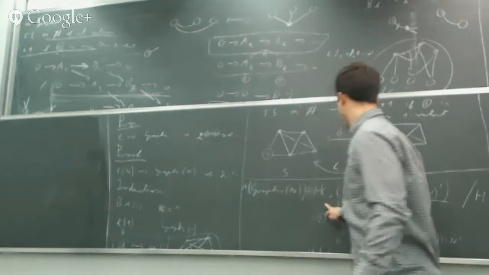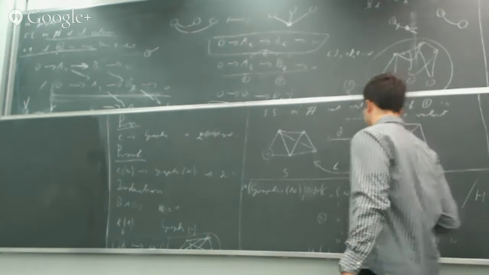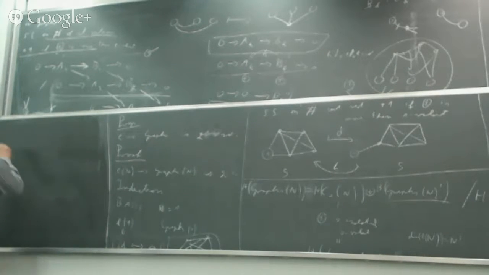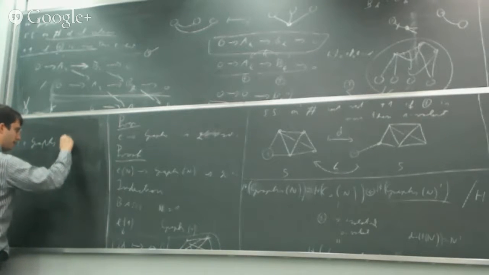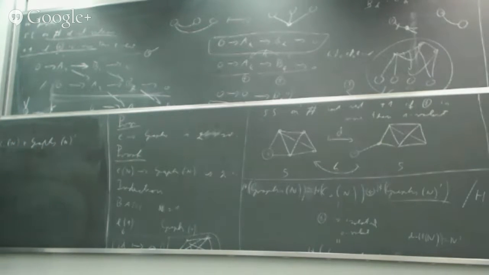So graphs n is split here into C0n plus graphs n prime, where here 1 was isolated, here not.